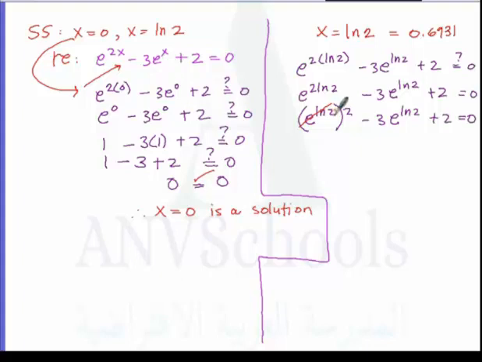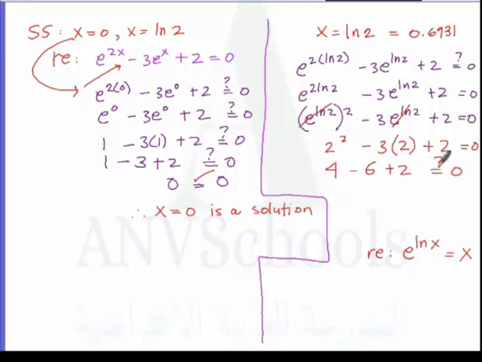We are talking about the property e raised to ln of x will just be equal to x. So in this case, we have 2 raised to 2 minus 3, this becomes 2 also, times 2 plus 2 is equal to 0. Now is it equal to 0? So 4 minus 6 plus 2, is it equal to 0?